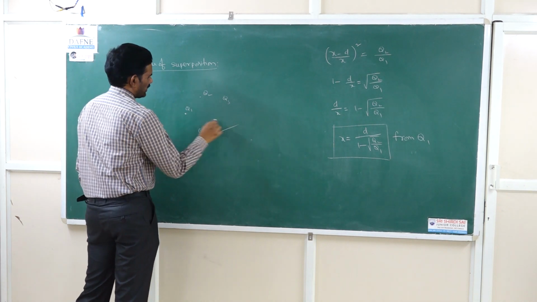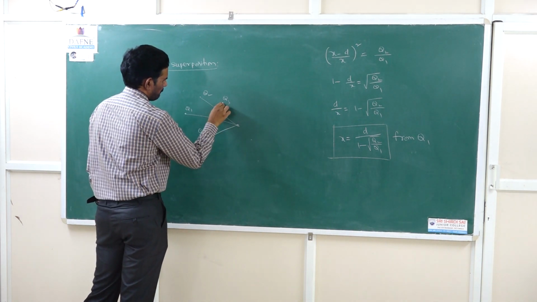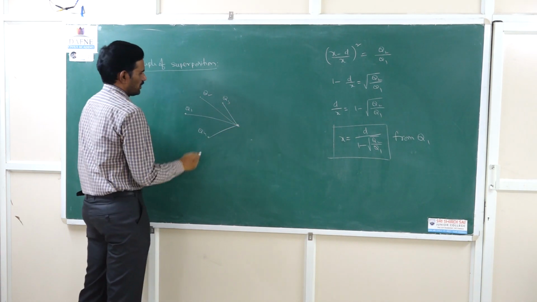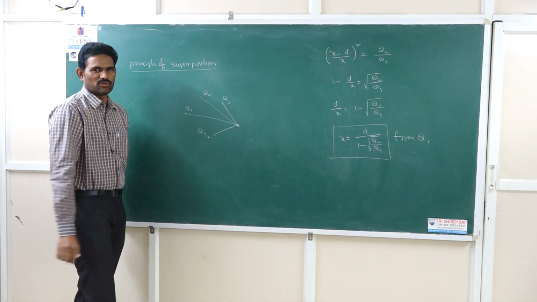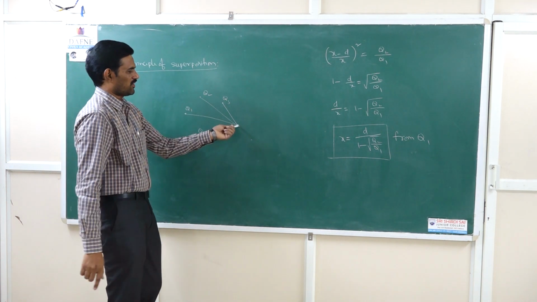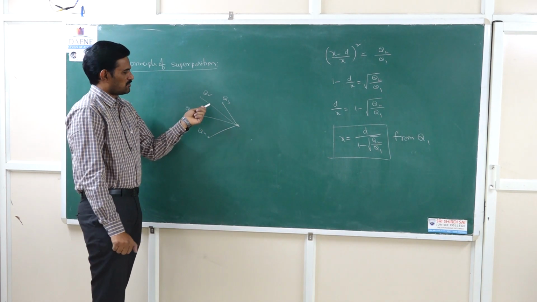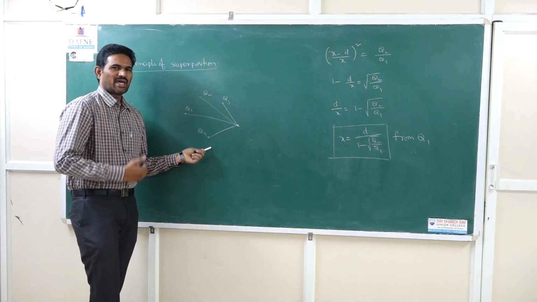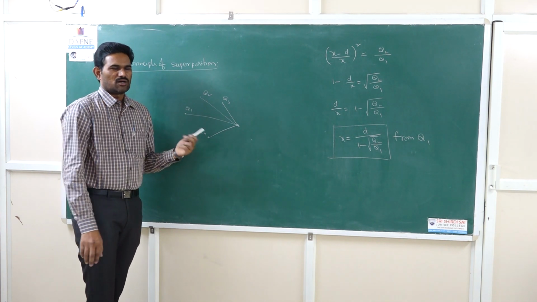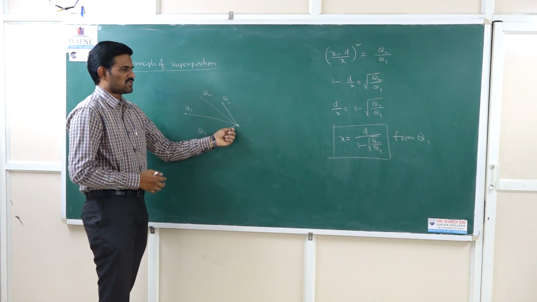Now suppose we need to find the electric field at this point. The electric field at any point is a vector sum of the fields due to individual charges. That means at this point we find the field due to Q1 in both magnitude and direction. Similarly we find the field due to Q2, Q3 and Q4, and we add them vectorially, which gives the resultant electric field strength at this point.